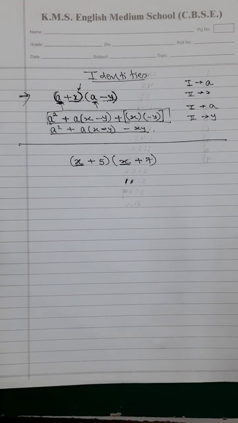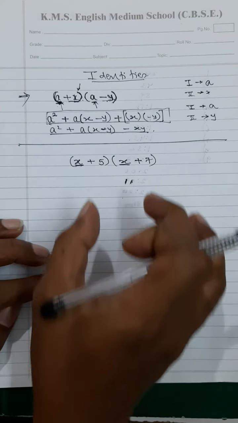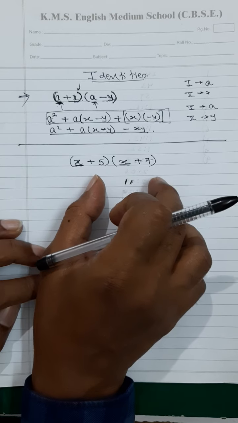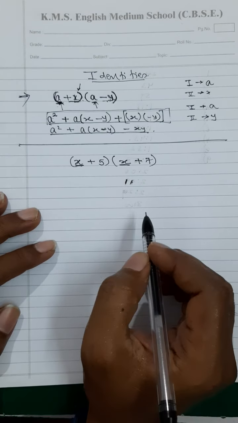I hope they have given the identity number. The number of the identity you actually don't have to write. You can directly write the identity, but still, this is identity 4. If they ask you the identity, then this is identity 4. What is identity 4 telling?